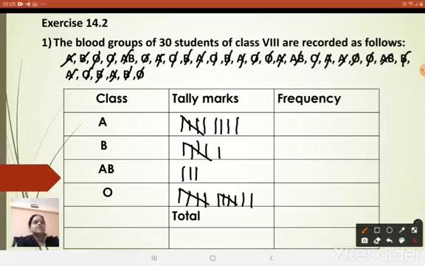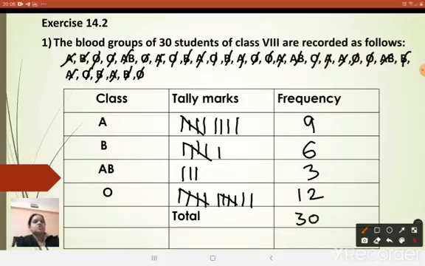Now count the tally marks and write it in the frequency column. So A is, you can see here, 5 plus 4, total 9. The second one is 6, then 3, and 5 plus 5, 10 plus 2 is 12. See the total here: 6 plus 3 is 9, 9 plus 9 is 18, 18 plus 12 is 30.